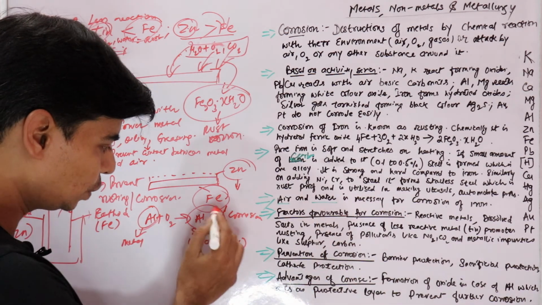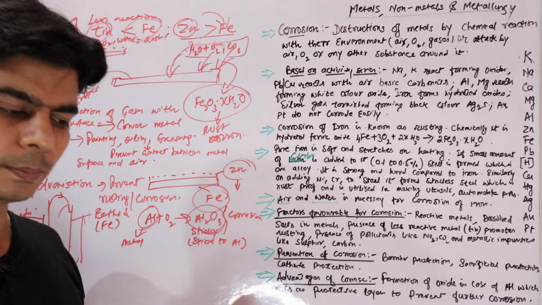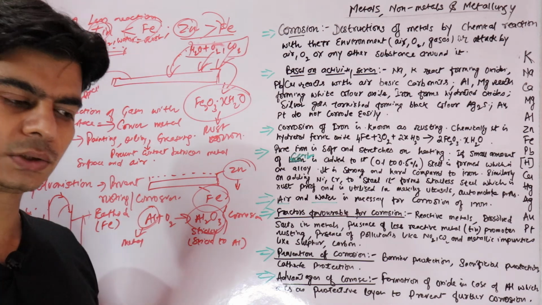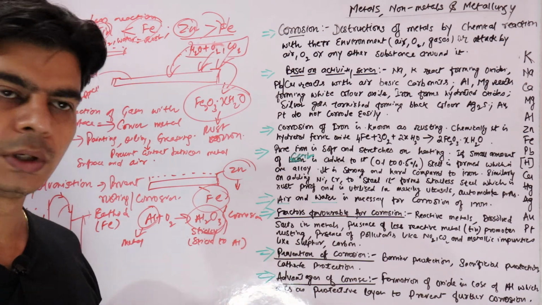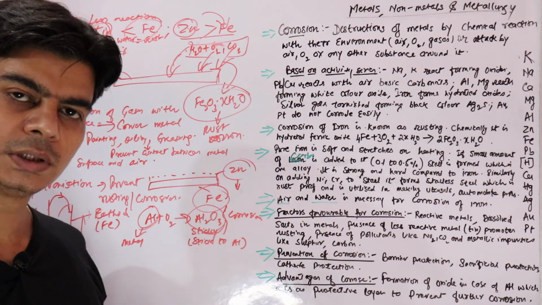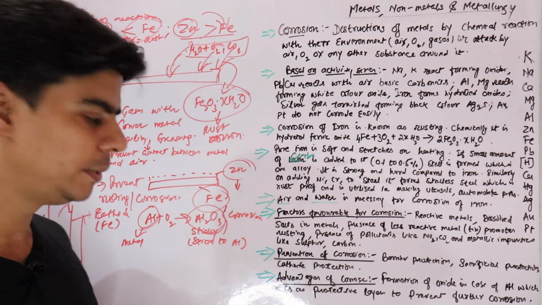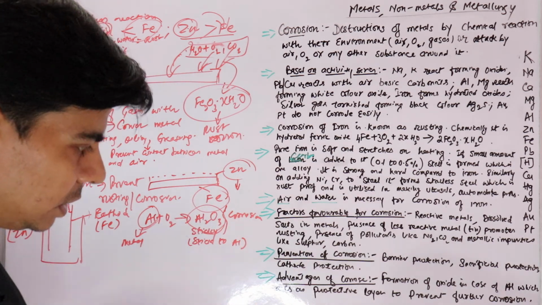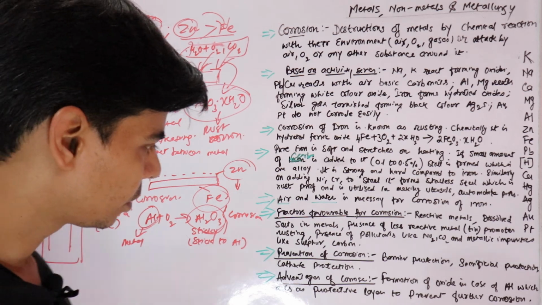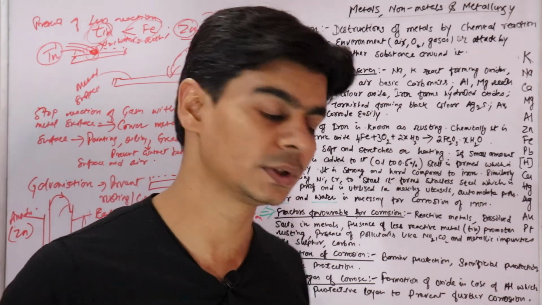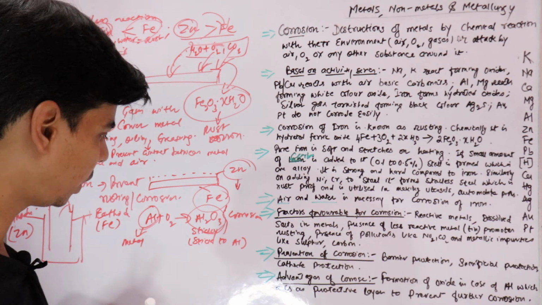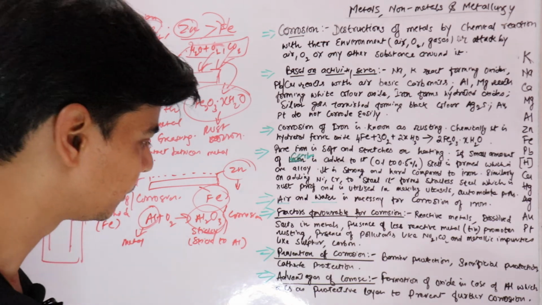So this oxide will stop further reaction of aluminium with air, and hence it acts as a protective layer. Due to this protective layer, further corrosion of aluminium is prevented, and this is known as advantageous corrosion.